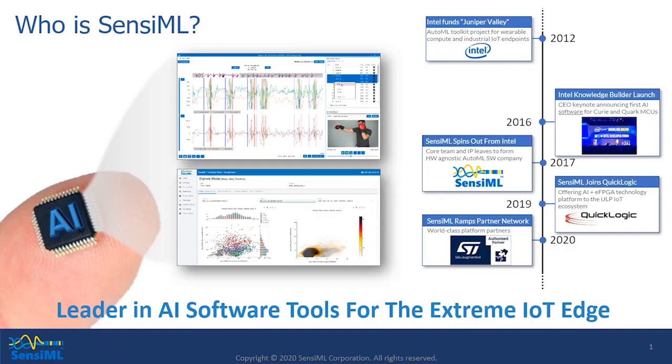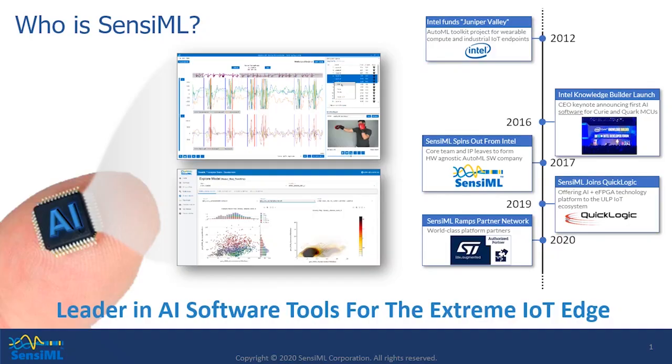SensiML traces its start to 2012 as an Intel software tools team within Intel Corporation. At that time, the SensiML founders were tasked to deliver groundbreaking AI tools for Intel's Curie and Quark SE microcontroller platforms. That tool, known as Intel Knowledge Builder Toolkit, was received with much anticipation amongst the wearable developer community when launched in 2016.